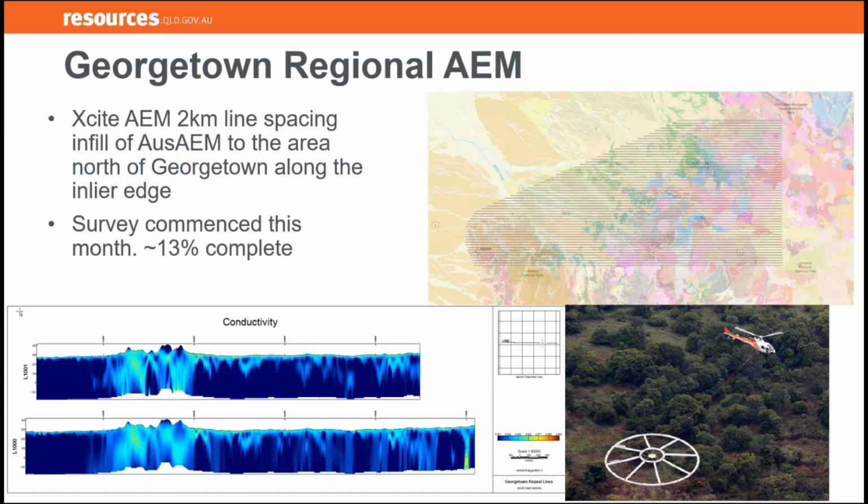Some very early preliminary inversions, thanks to USEN, who gave them to me yesterday or maybe the day before. So they're hot off the press. So I get to share these, and you get to see the Tempest ones that I hadn't seen as well. That's a survey that is ongoing, and we'll have data released from that by the end of this year and available for explorers, and they will continue on with inversions and processing and some work on that data.